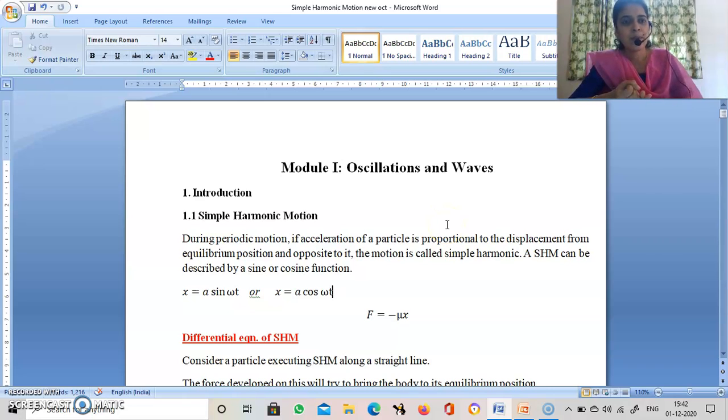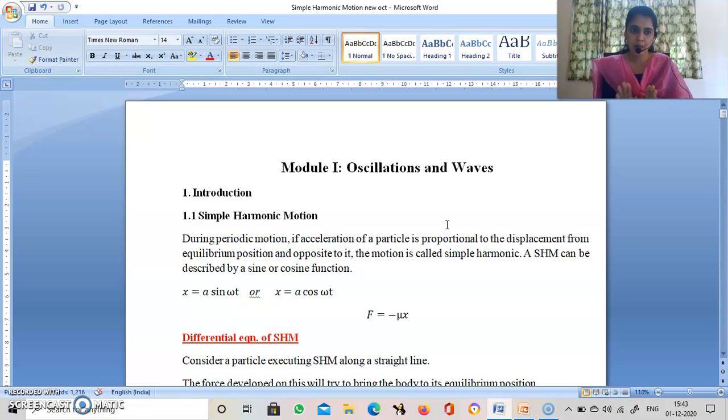The first topic as given in the syllabus is the harmonic oscillator. A harmonic oscillator is any system that, when it is displaced from its equilibrium position, experiences a force called the restoring force. If the restoring force is the only force acting on that system, then we can call it a simple harmonic oscillator.